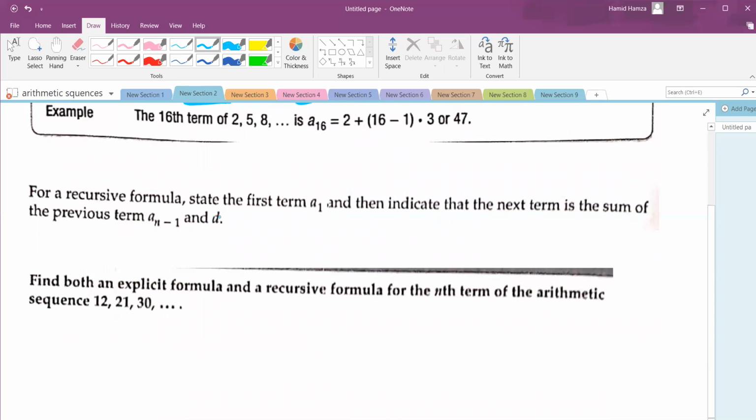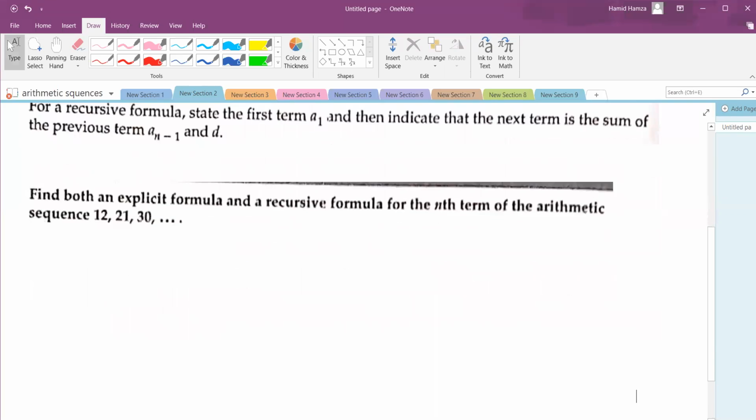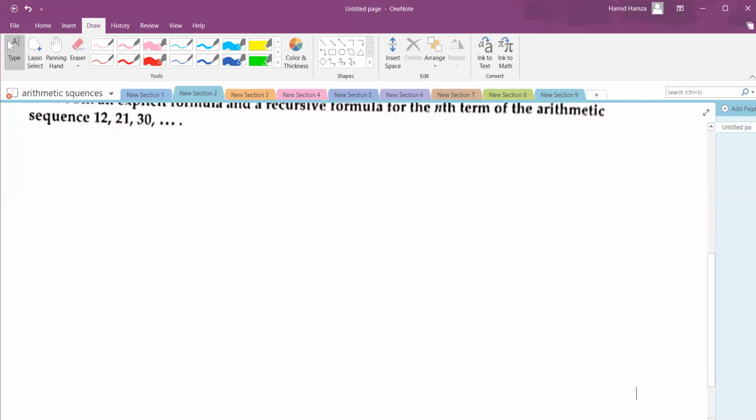And also we have a recursive formula. Yesterday I showed you the recursive formula, but we can also represent the arithmetic sequence using the recursive formula. I'll show you how to represent the arithmetic sequence by explicit and recursive formulas by solving this example.